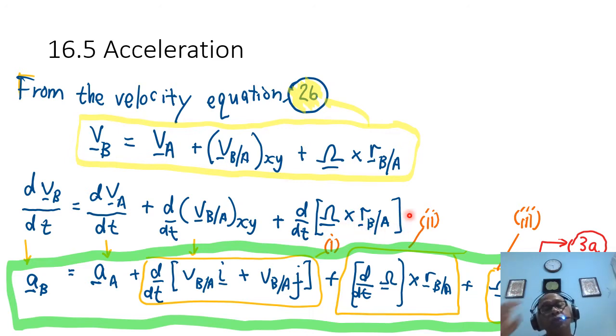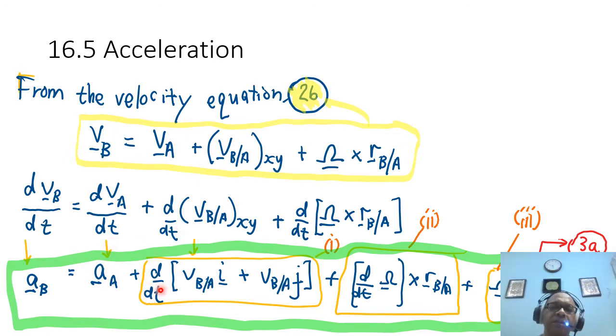Okay, so we have this big equation: the acceleration ab is dvb over dt. Va, dva over dt is aa, because point a is not rotating.